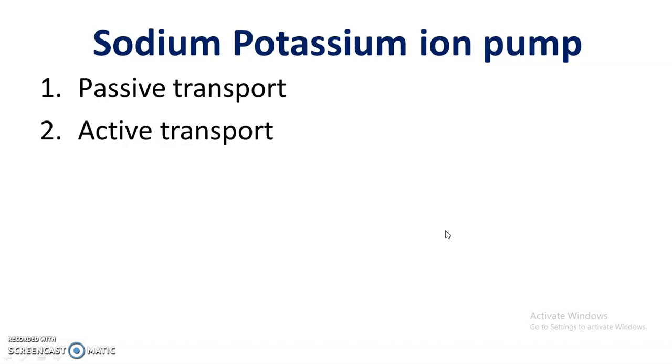Active transport takes place against the concentration gradient, where the driving force is metabolic activity, and hence active transport requires energy. This part is very important, the difference between active and passive transport: for active transport there is a requirement of energy.